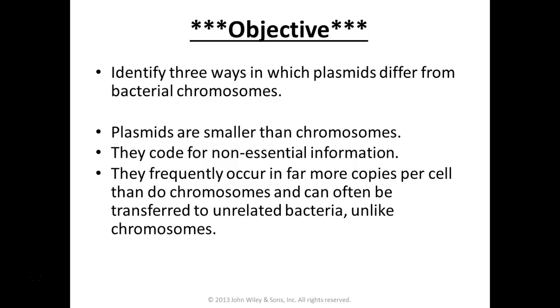And then they frequently have multiple copies per cell. We refer to this as copy number. When a bacteria copies its chromosome, that's usually because they're getting ready to divide. They don't usually keep more than one copy of their chromosome. Of course, there's that exception we talked about last time where he keeps 4 to 10 copies of his chromosome.